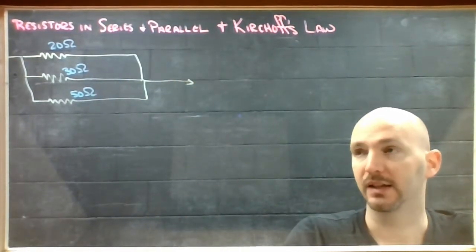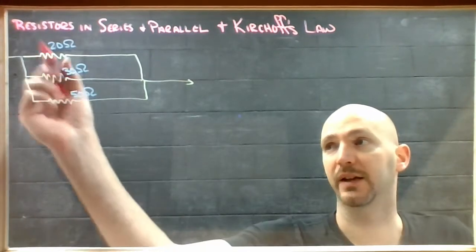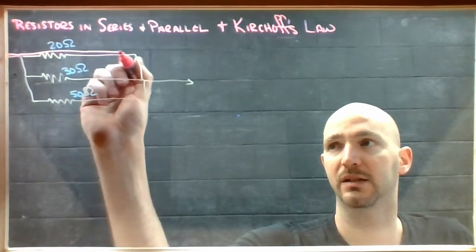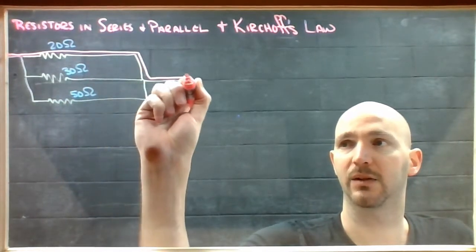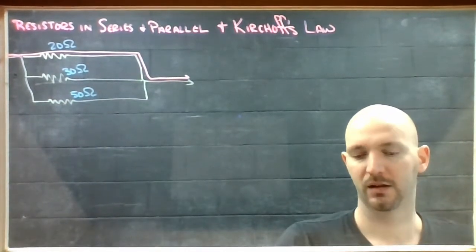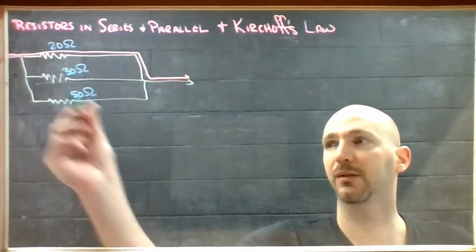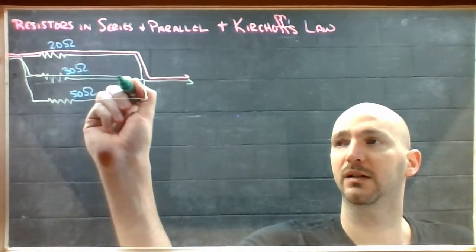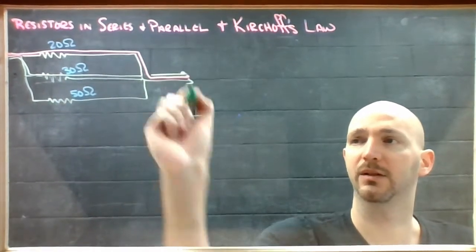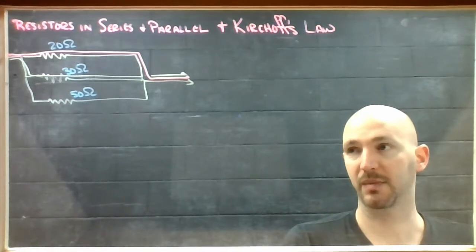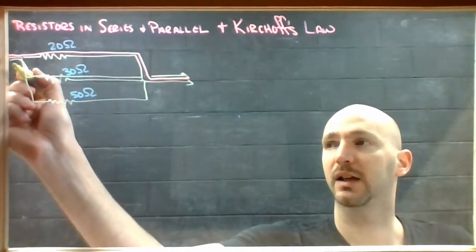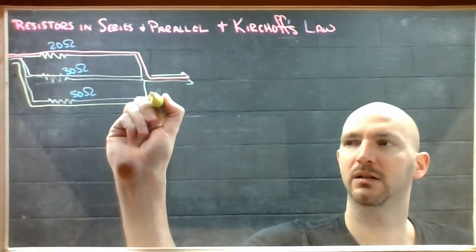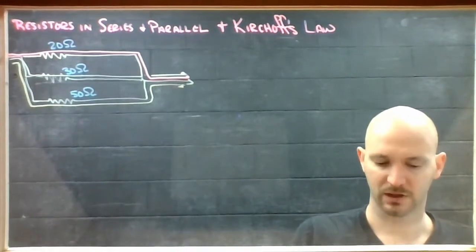So if I were to trace along this particular thing, all the currents, there's a pathway that goes here, it goes through the 20 and out. And there's a path that comes through here, goes through 30 and out. And there's a path that goes down here through the 50 and out.